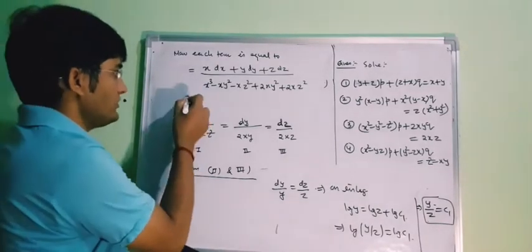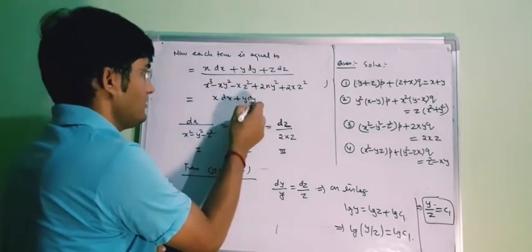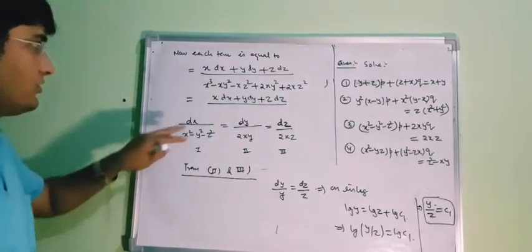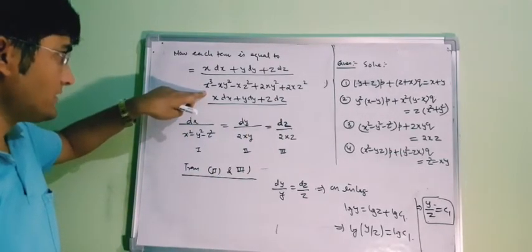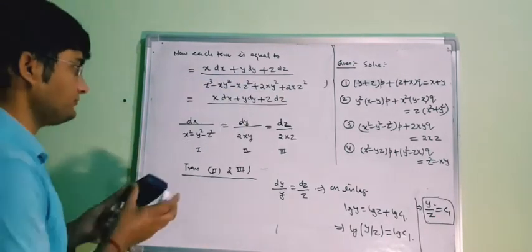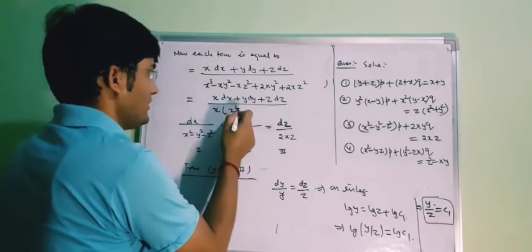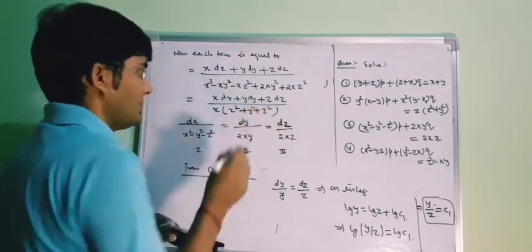So now each term is equal to this term. Now this is equal to x dx plus y dy plus z dz divided by x cube plus xy square plus xz square. If you take x common, then you will get x square plus y square plus z square.